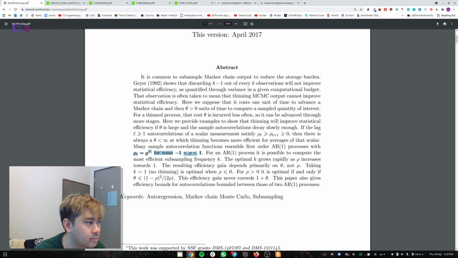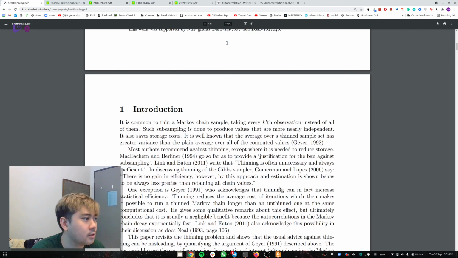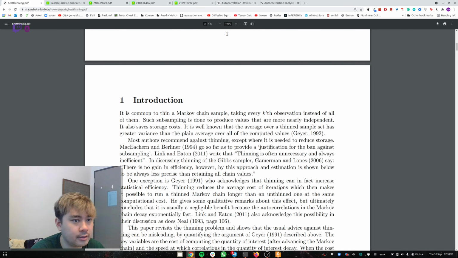Okay, actually I don't really know where to start. Efficiency bounds autocorrelation with 2 AR1 processes. Okay.